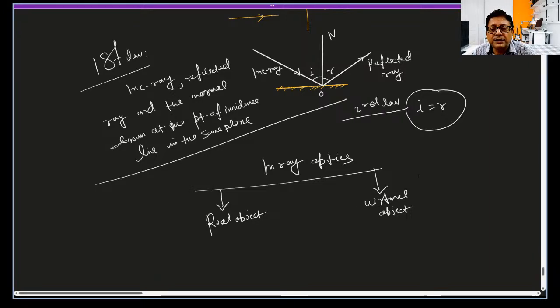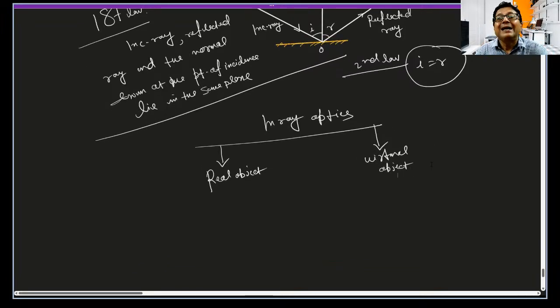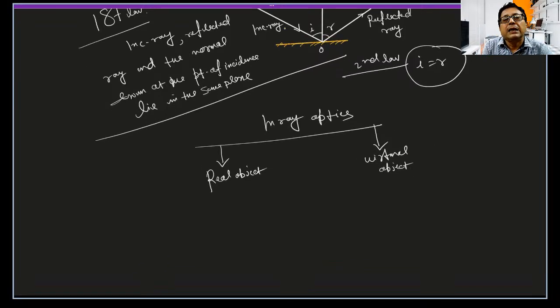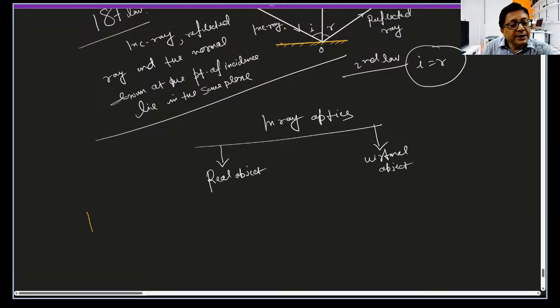The concept of a real object you have already. Object real, that's why light is being reflected. Image may be virtual. Let us see the case of reflection on a plane mirror. Reflection on the plane surface or plane mirror.